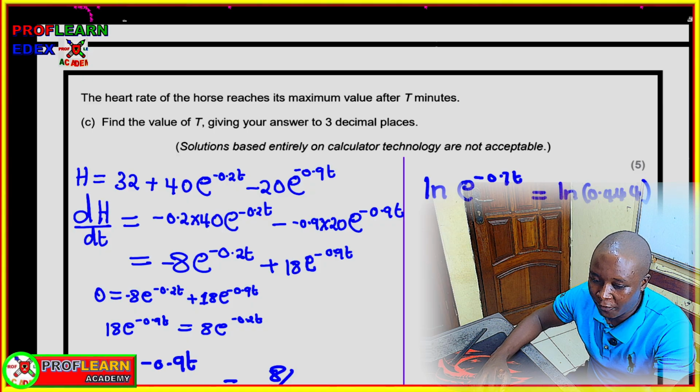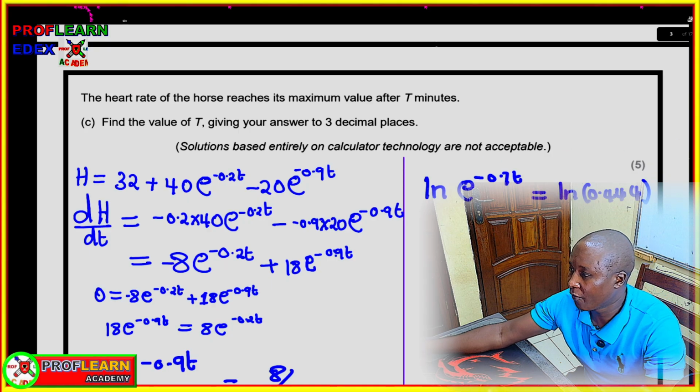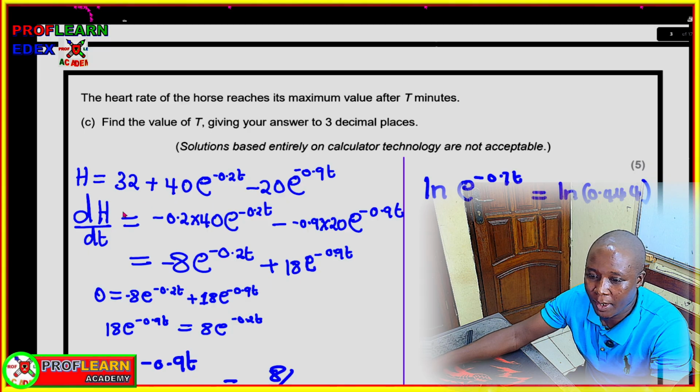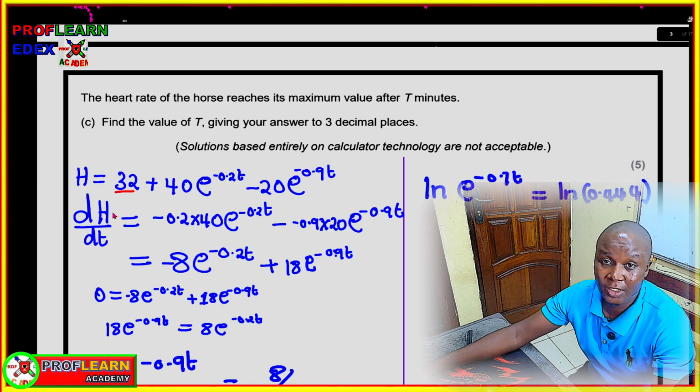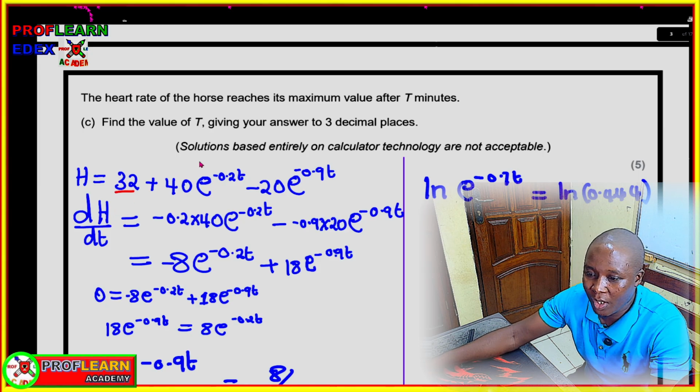And how do you differentiate an exponential function? If you differentiate 32, which is a constant, that's going to be 0 because it's a constant. But when you are differentiating an exponential function, your focus should be at the top of that exponential function.